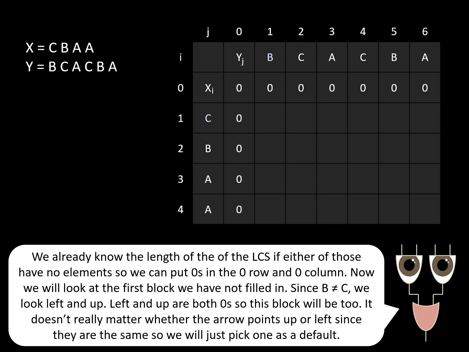Now we will look at the first block we have not filled in. Since B does not equal C, we look left and up. Left and up are both zeros, so this block will be 0. It doesn't really matter whether the arrow points up or left, since they are the same, so we'll just pick one as a default.